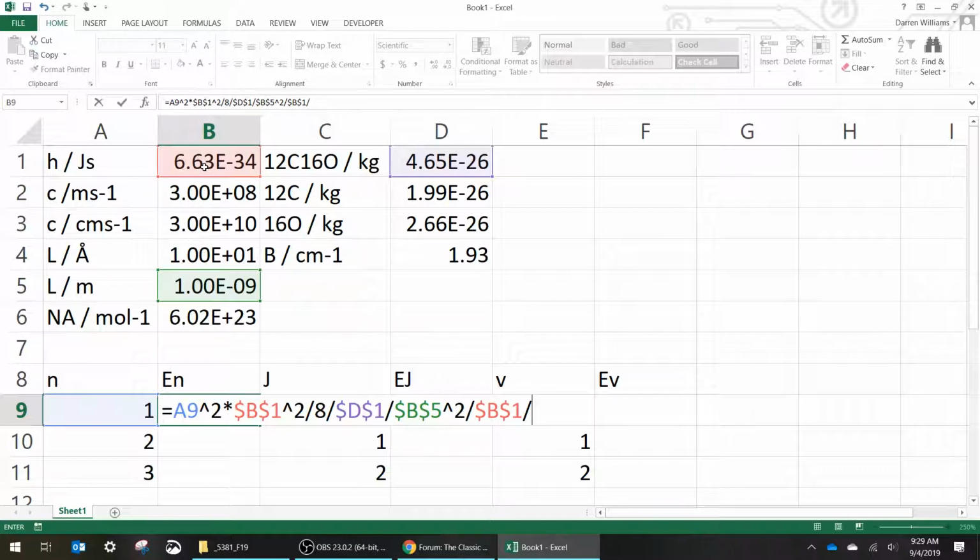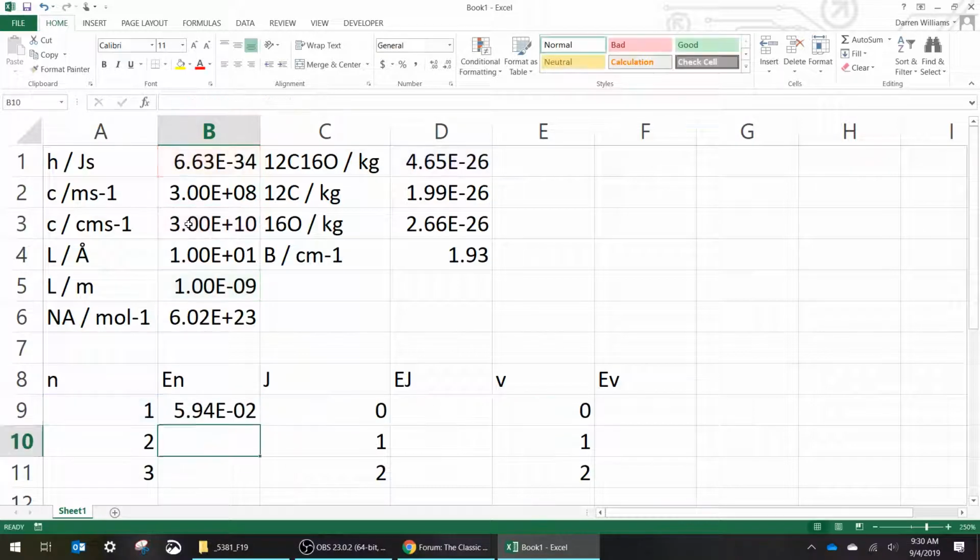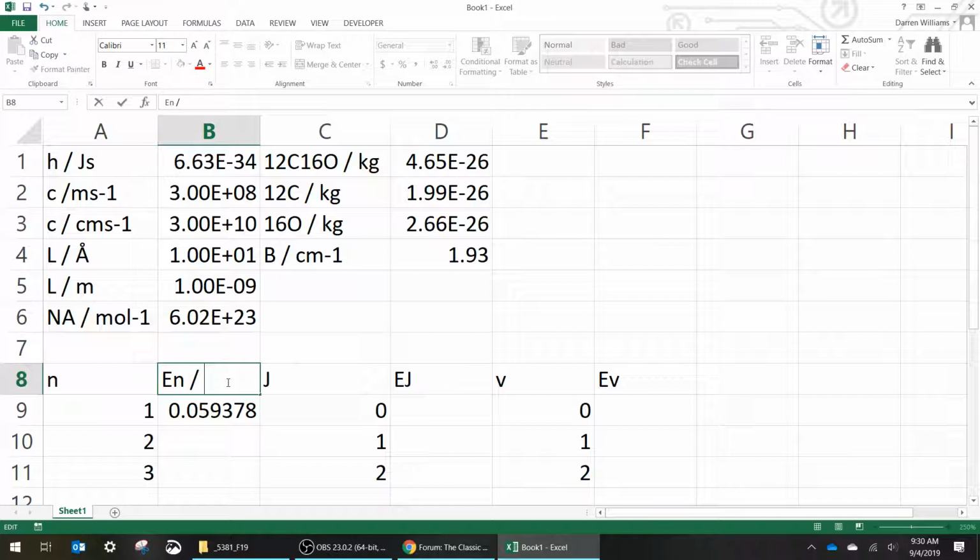And then divided by c in centimeters will give us wave numbers. So let's do this. Divided by this. Divided by this.